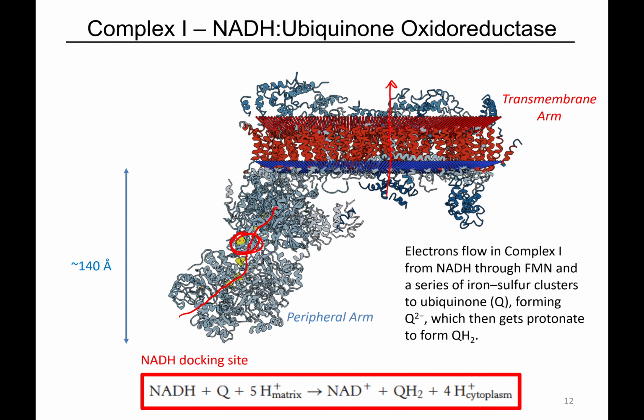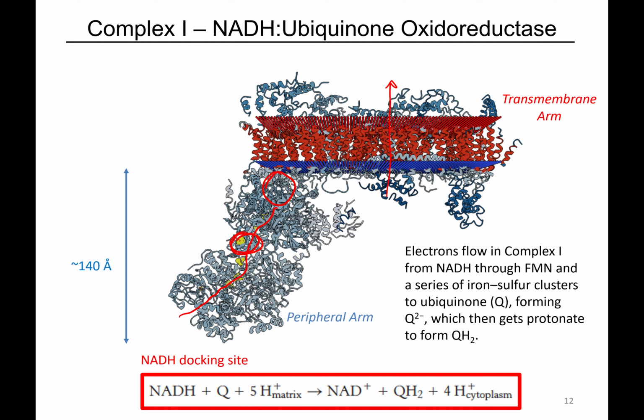The idea is that NADH docks down here at the bottom of the peripheral arm. We pass electrons stepwise through our iron sulfur clusters and all the way up to our ubiquinone site, which docks up here. The overall reaction here is we have 1 NADH comes in.